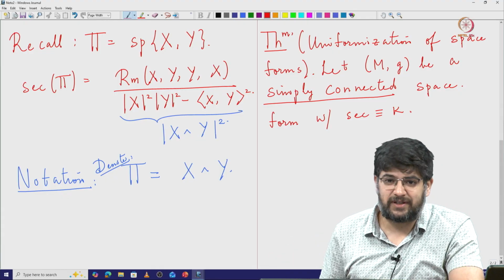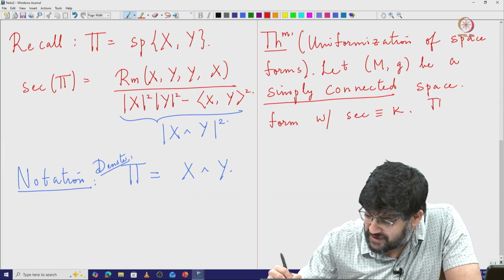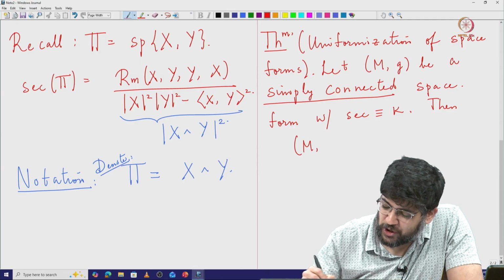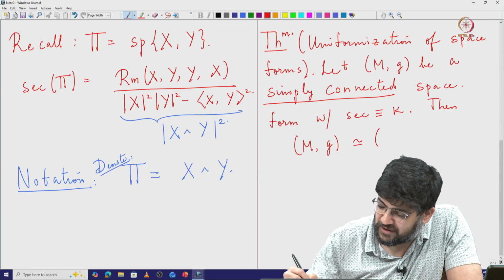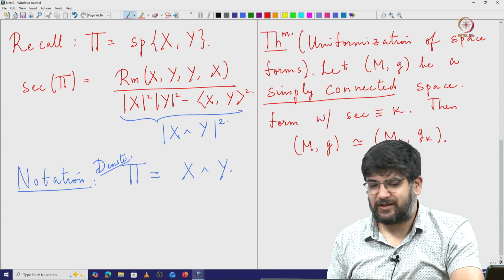Let us assume that the constant is given by this kappa. Okay. Then the claim is that Mg is actually isometric to the corresponding model space. Okay.